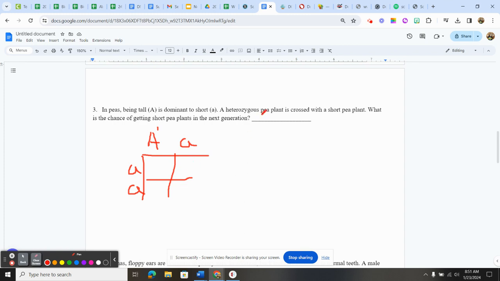Very good. Yes, 50% chance. Because this one and this one will both be little a. That means that they're short because they have that recessive condition. Each of these are going to have that dominant trait, so they are not going to be short.